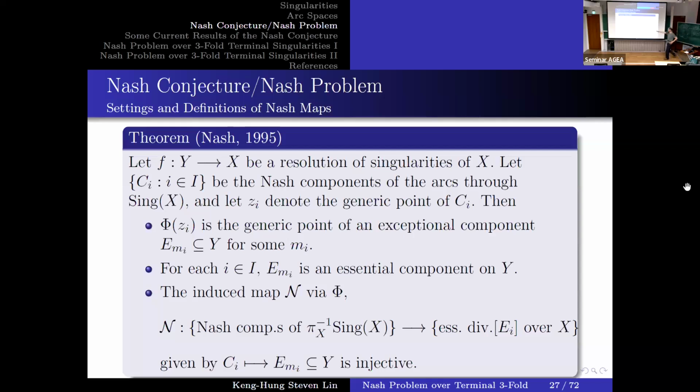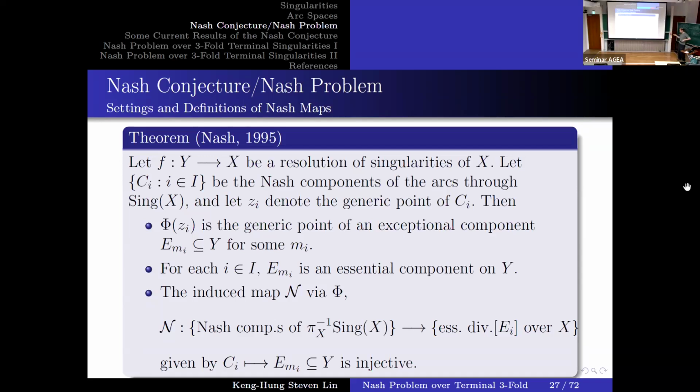So we have the induced map from the Nash components of X to the essential divisors over X. And the third thing is that Nash proved that this map is injective, which means that different Nash components will be mapped into different essential divisors.